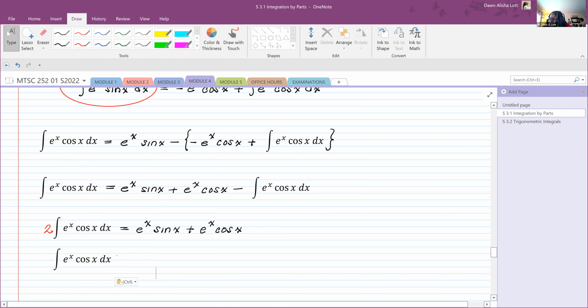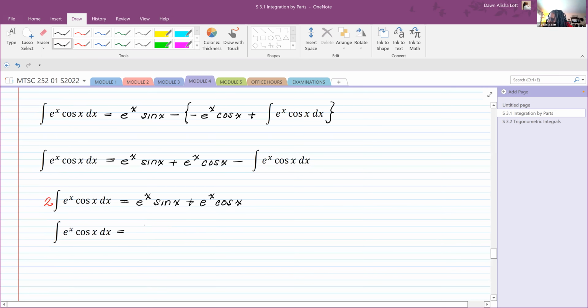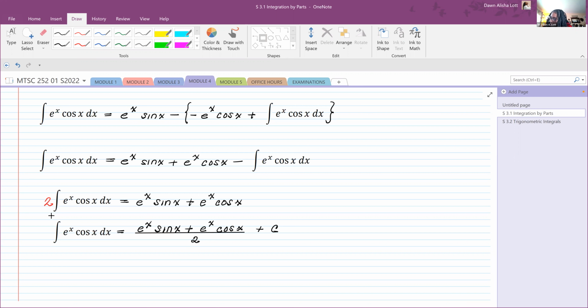So that means this is going to equal e to the x sine x plus e to the x cosine x, divided by 2. And I'm finally done, plus c. So that is the cat chasing its tail problem.